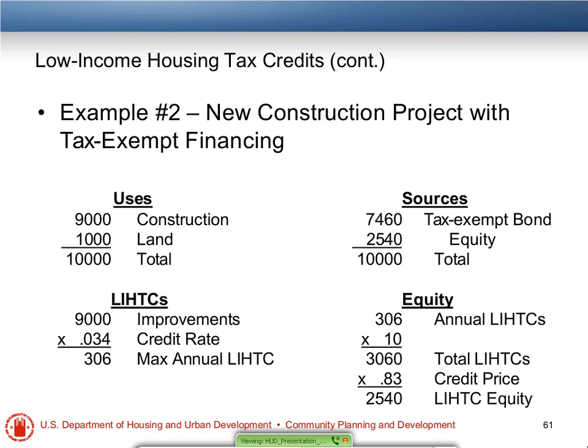It's much easier to get an allocation of private activity bond cap than it is to get an allocation of low-income housing tax credits. Again, we said that low-income housing tax credits in 2012 were allocated to each state at $2.20 per person. The private activity bond cap is allocated to the state at $95 per person. So it's much easier to get an allocation of bond cap, easier to get the 4% credits to go along with the allocation of tax-exempt bonds.